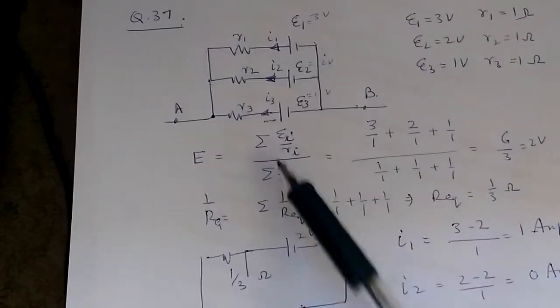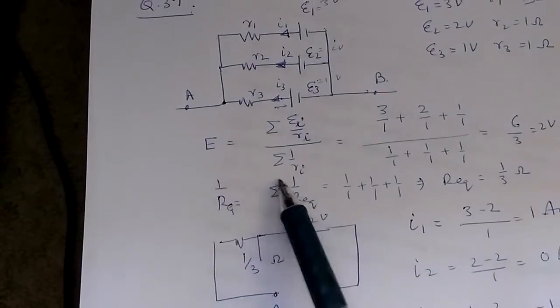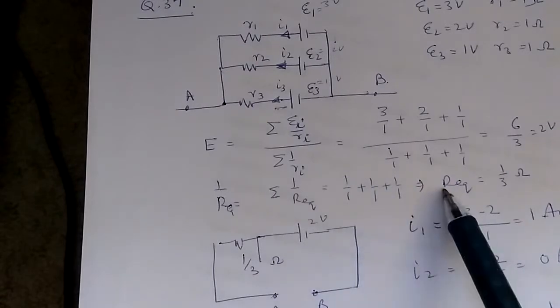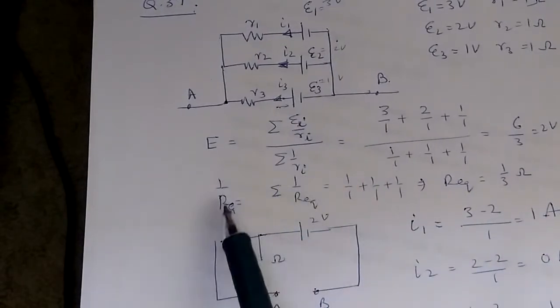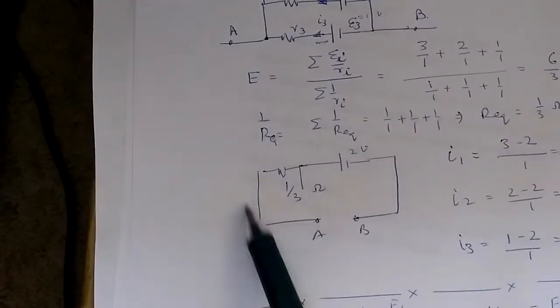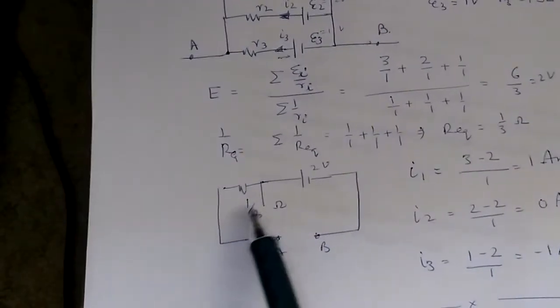And if R equivalent is the equivalent resistance, then 1 upon R equivalent is sigma 1 upon Ri, and we have 1 upon 1 plus 1 upon 1 plus 1 upon 1, which is equal to 3, and R equivalent will be 1 upon 3. So we can replace the whole thing with a 2 volt battery that we calculated here and a resistance of 1/3 ohm.